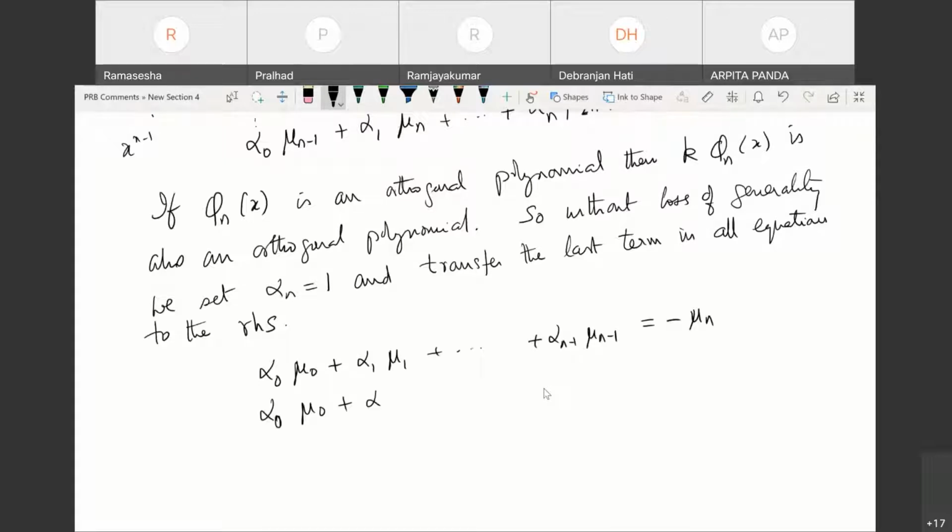Alpha naught mu 1 plus alpha 1 mu 2 plus etc. plus alpha n minus 1 mu n equal to minus mu n plus 1.